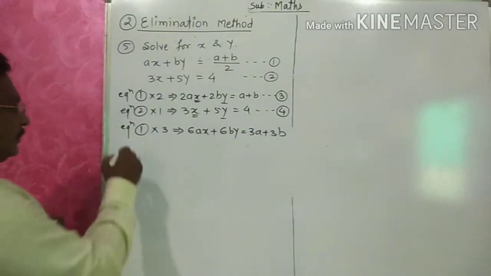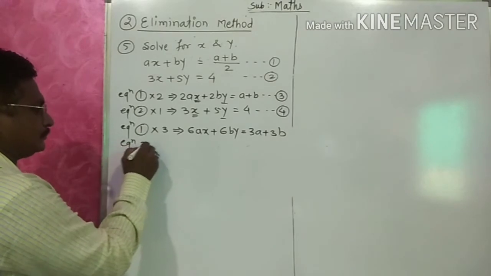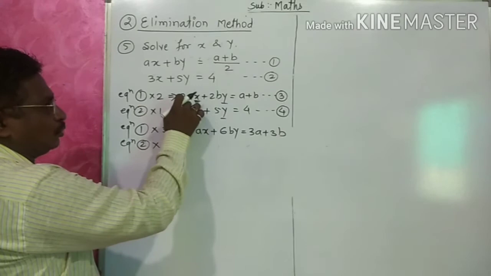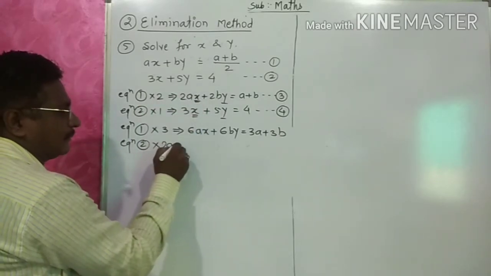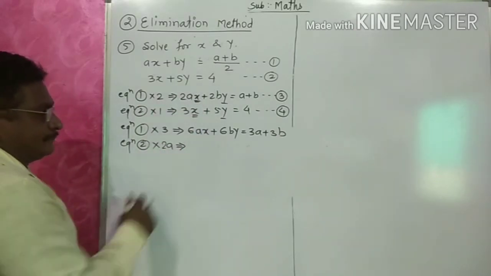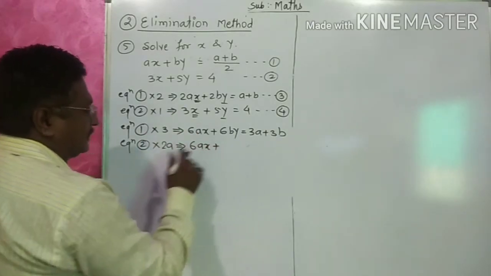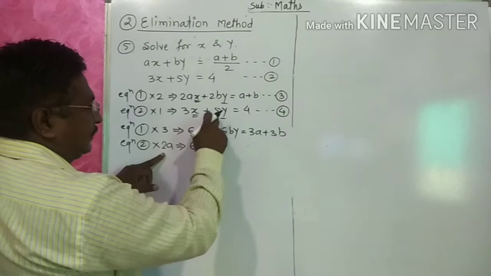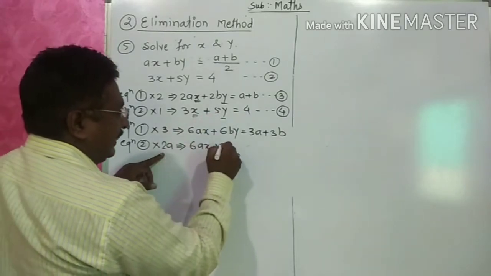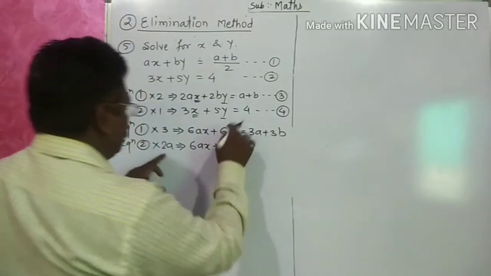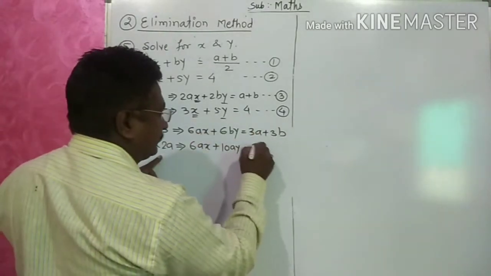Okay students, now equation 2. What is the coefficient of x in equation 1? 2a. So we have to multiply equation 2 by 2a. Now 6ax plus 2a into 5y, so 10ay, equals 8a.